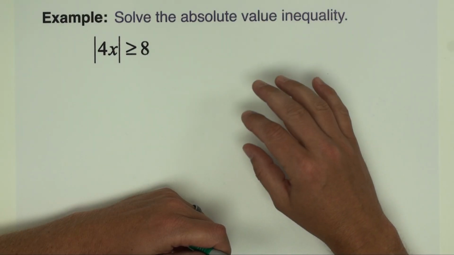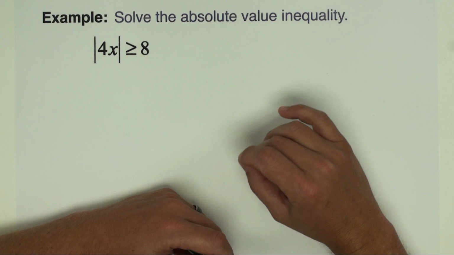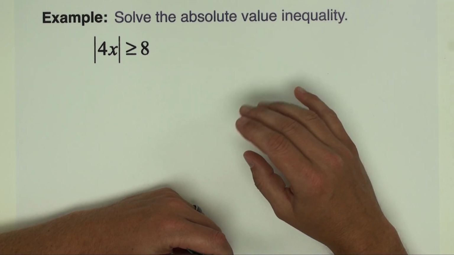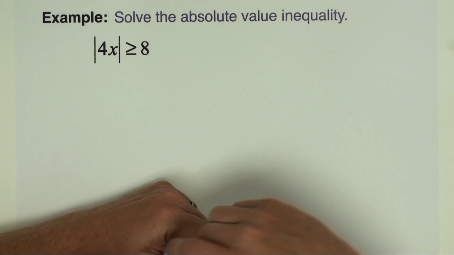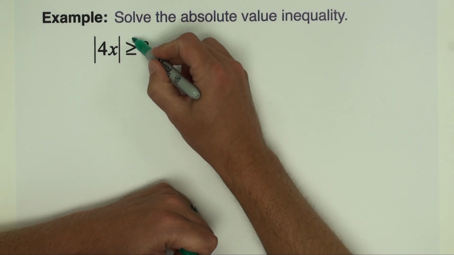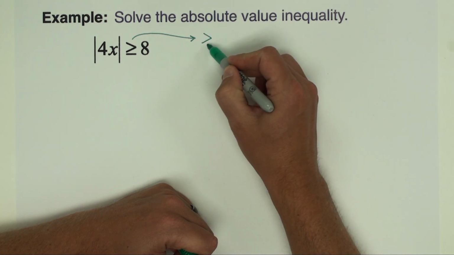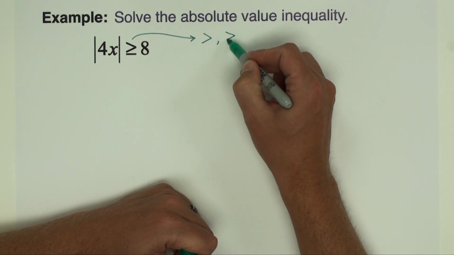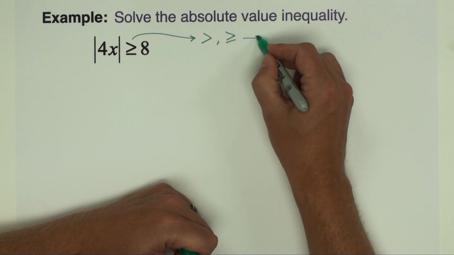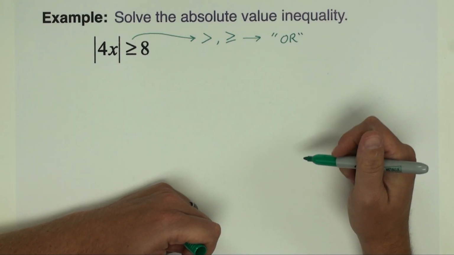Okay, we're going to finish up this video with a few greater than problems so we can see how they set up and work out just a little bit differently. The first one, I have the absolute value of 4x is greater than or equal to 8. So the first thing we notice is that we have a greater than or greater than or equal. It doesn't matter, but when I see one of those two, this is going to be an or statement.